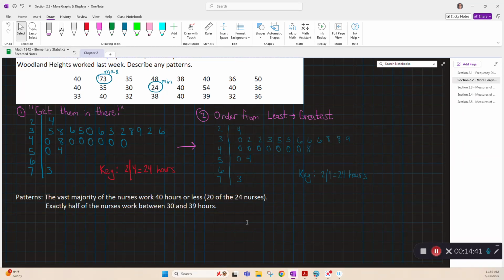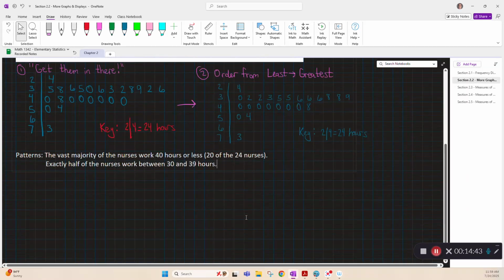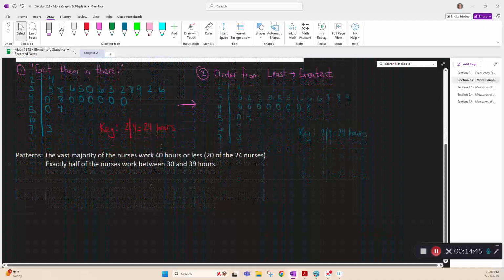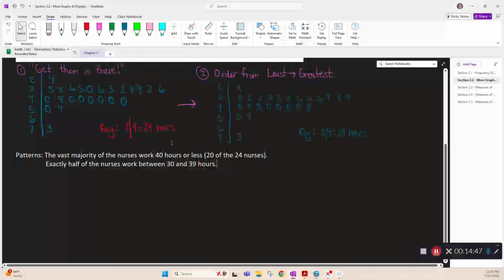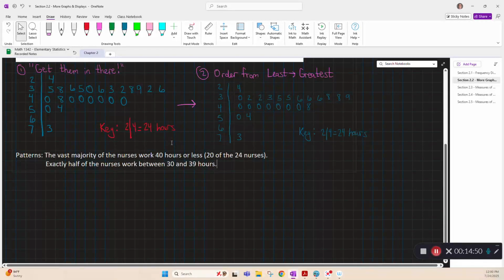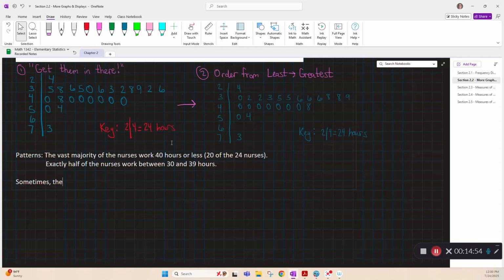Now, sometimes we need to break these stem and leaf plots up into what I call a high and a low. So sometimes the stems need to be broken into a high and low stem.